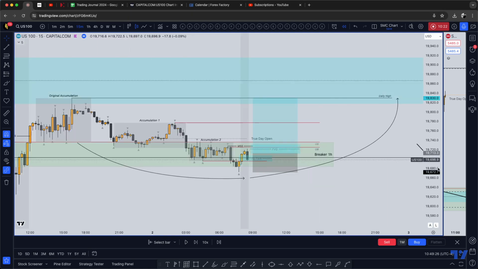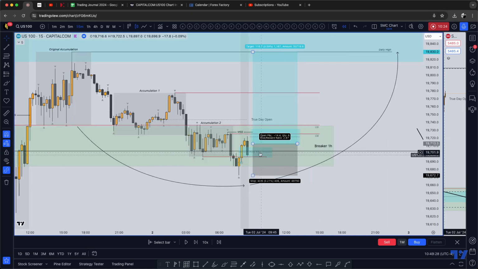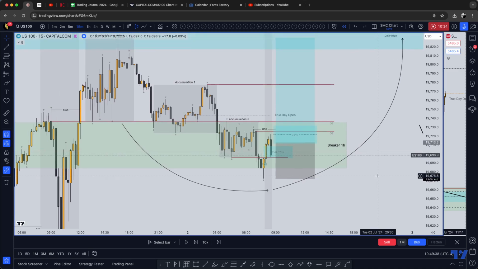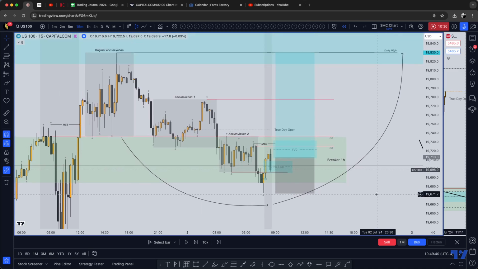Now I know that by the time New York session opens, price is extending right now on my higher time frame PD arrays. Guess what? What was my bias since last night, since yesterday? My bias was bullish. I said I was going to be looking for buys today, this particular day. So I already have that. As soon as I wake up, I already have that in my mind.